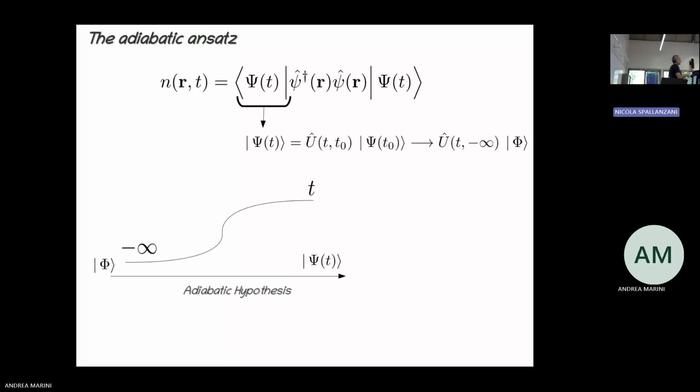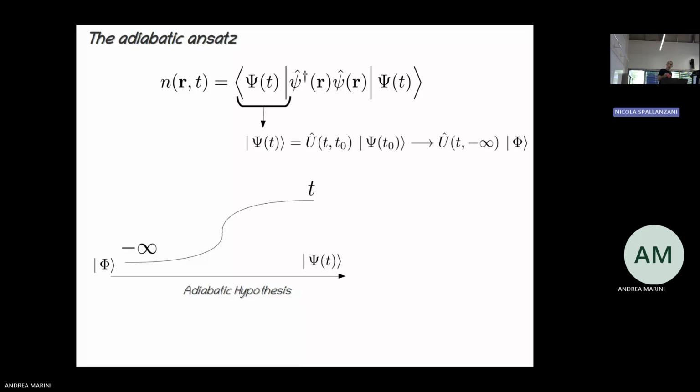In the adiabatic hypothesis, you want to go from minus infinity to t. Now the point is that when you calculate this density, you need to put inside some ingredient of the first ingredient, the one without interaction, because otherwise, how do you do it? So you need to get rid, at least when t equals minus infinity, of the interaction.